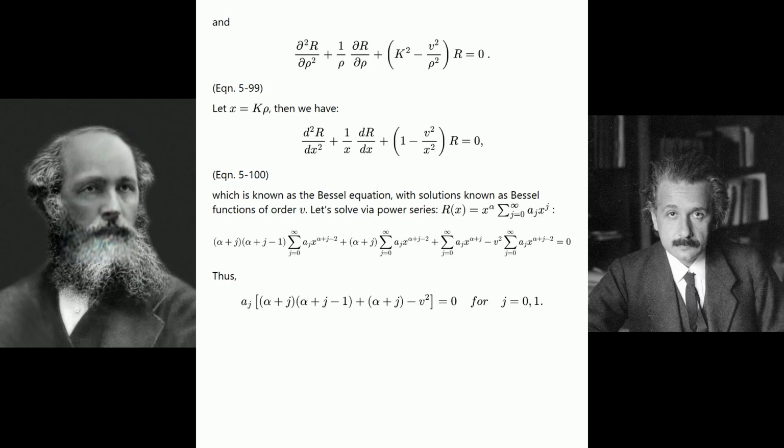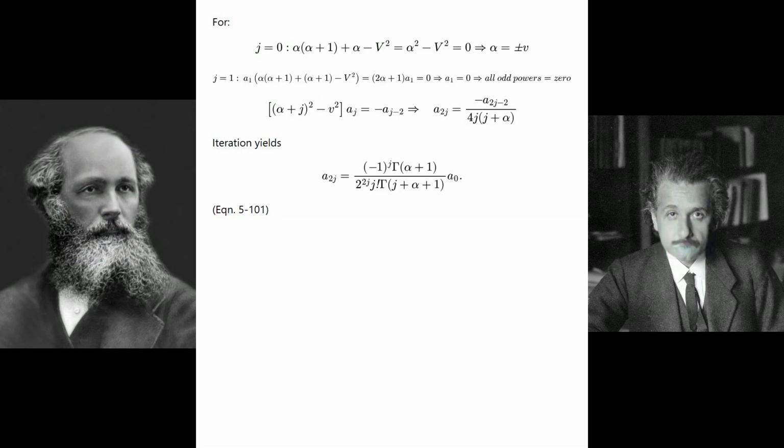Then we have equation 5-100, which is known as the Bessel equation, with solutions known as Bessel functions of order nu. Let's solve via power series. R of x equals x to the alpha power times the sum from j equals 0 to infinity of a_j x to the j. See the equation shown. Thus, see the equation. See the following equations.